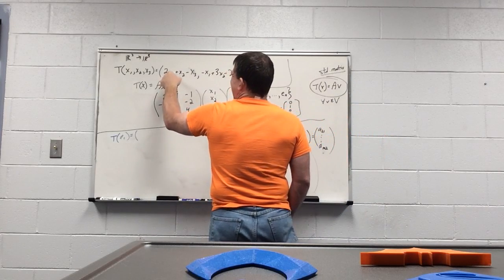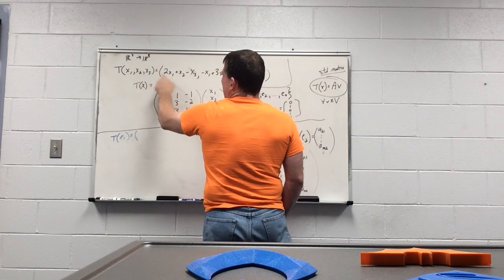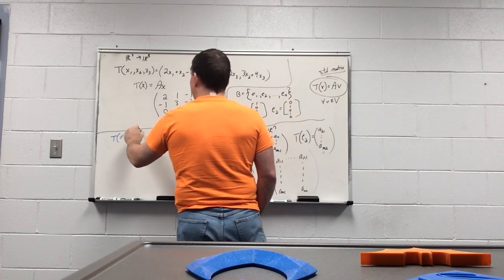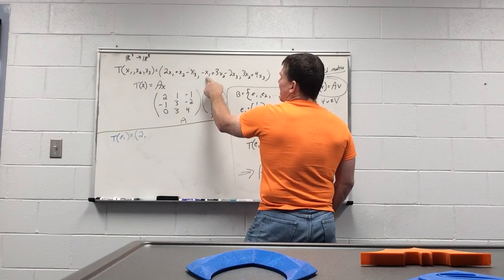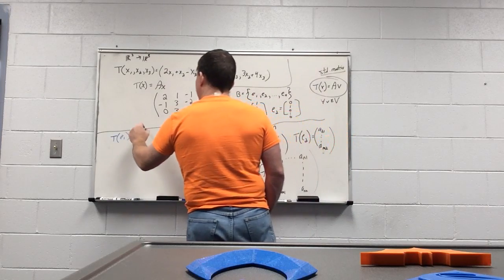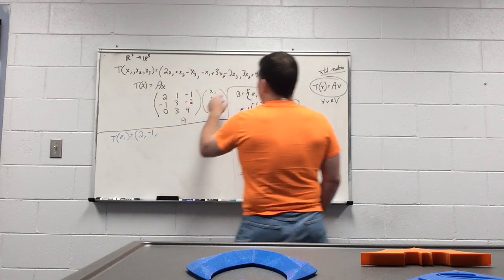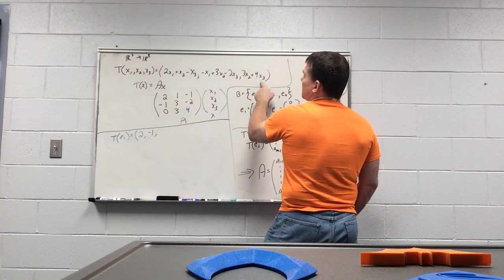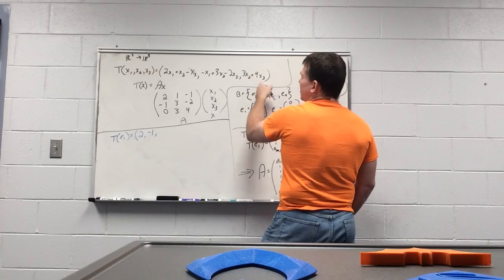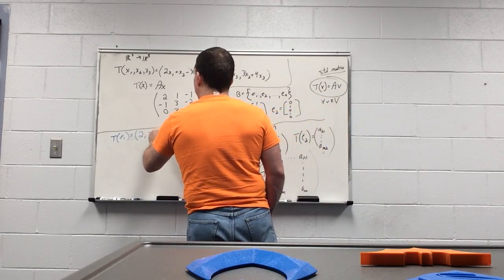So in this case, X sub 1 would be 1, then 0, 0. This would give me 2 in the first entry, then in the second entry, negative 1. And in the third entry, there's no X sub 1, so that would be 0.